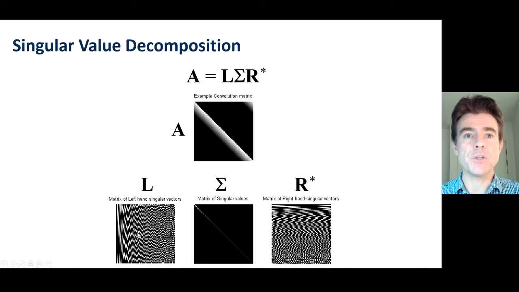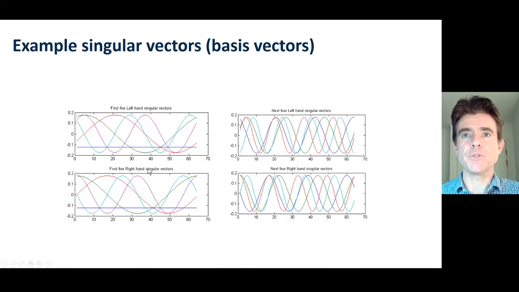Obviously, there could be different phase shifts in these sinusoids compared to the actual discrete Fourier transform and discrete inverse Fourier transform, but nonetheless it's very much latching on to what looks like a Fourier-based solution. Here I'm visualizing 5 of the left-hand singular vectors, 5 of the right-hand singular vectors, and another 4 of them over here.